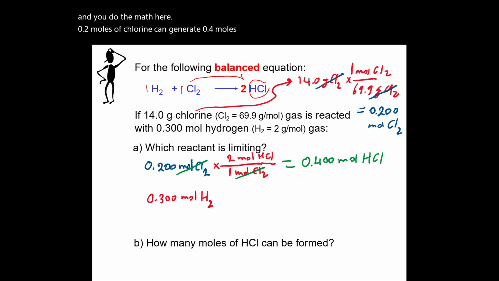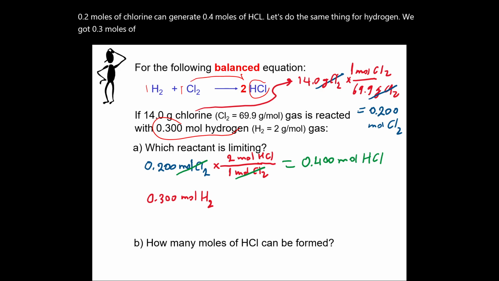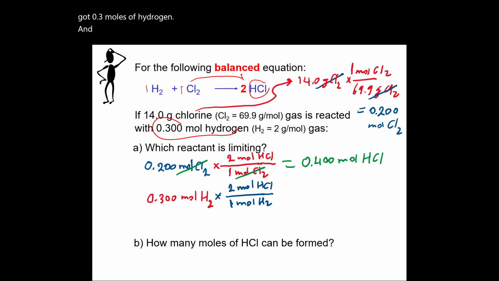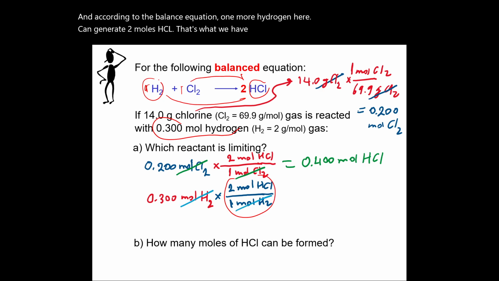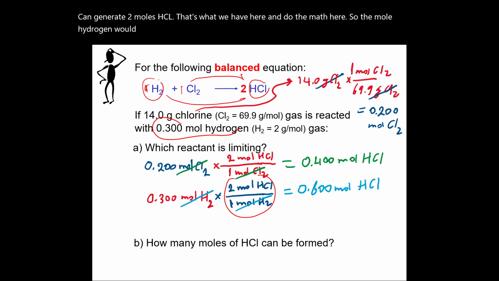Let's do the same thing for hydrogen. We got 0.3 moles of hydrogen, and according to the balanced equation, 1 mole hydrogen here can generate 2 moles HCl. That's what we have here. And do the math here. So the mole hydrogen would cancel out, and you come up with 0.6 moles HCl. Now, what was the rule?